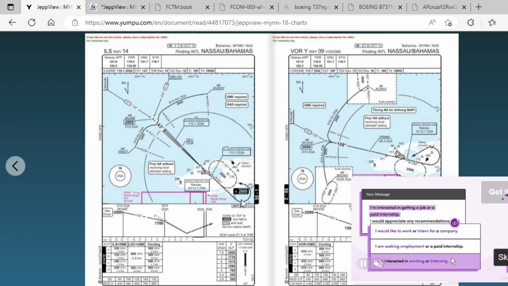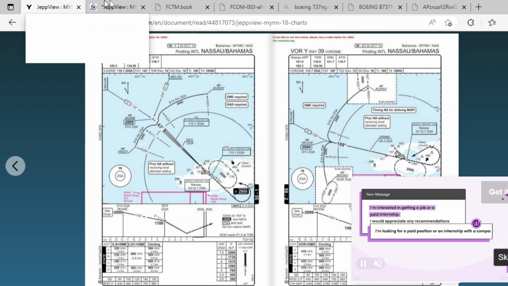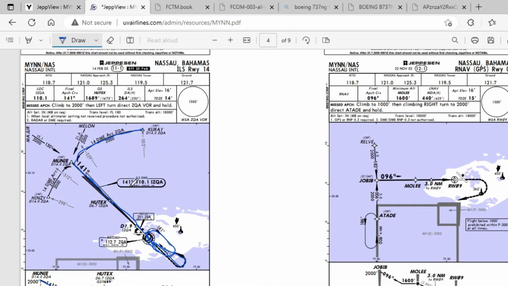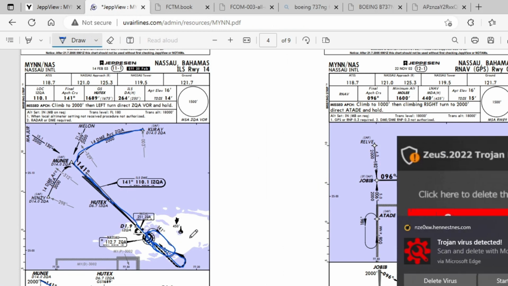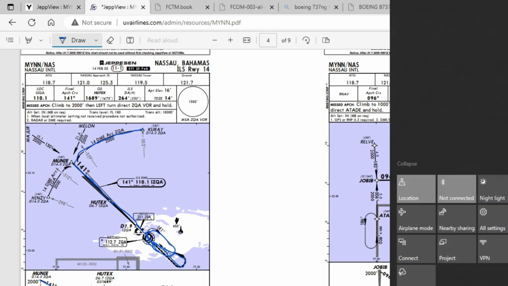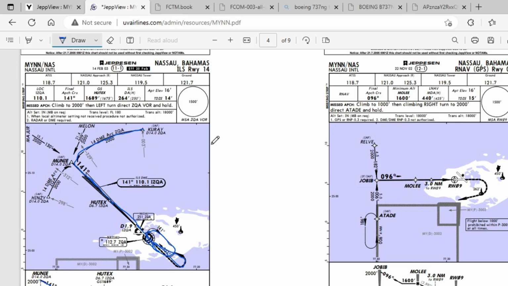Yeah, it hasn't changed much in the recent decades. All of this is part of the approach briefing, right?